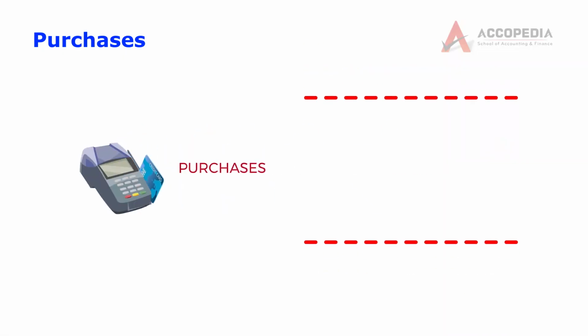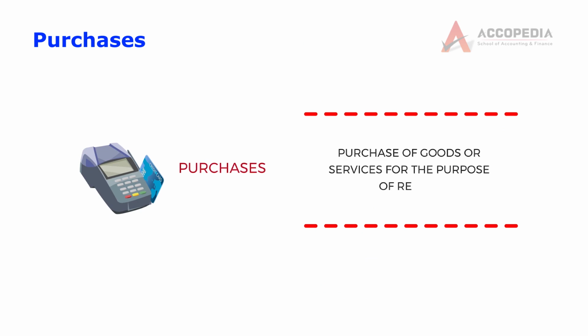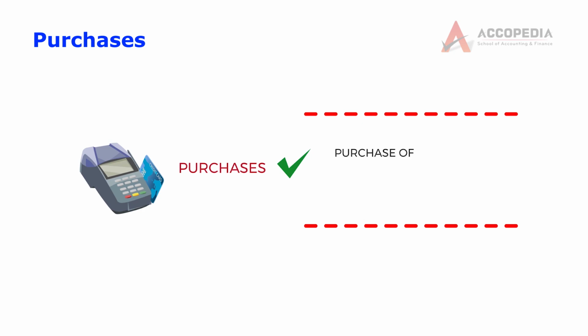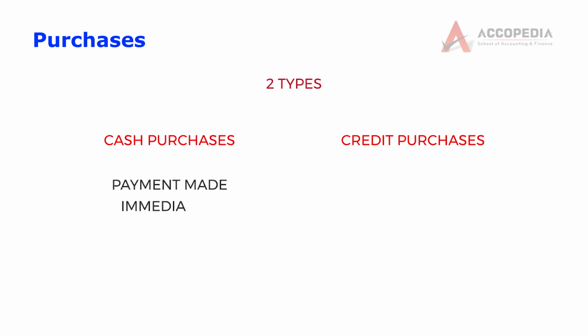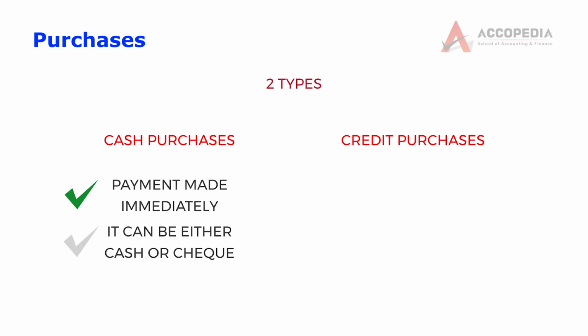Purchase of goods or services for the purpose of resale are known as purchases. Purchase of assets for the long-term use of the company's in-house using is not known as purchases. Purchases are of 2 types, cash purchases and credit purchases. By cash purchase, we mean we have purchased goods for which we have made the payment immediately. Now it doesn't matter whether I have paid cash or by check.